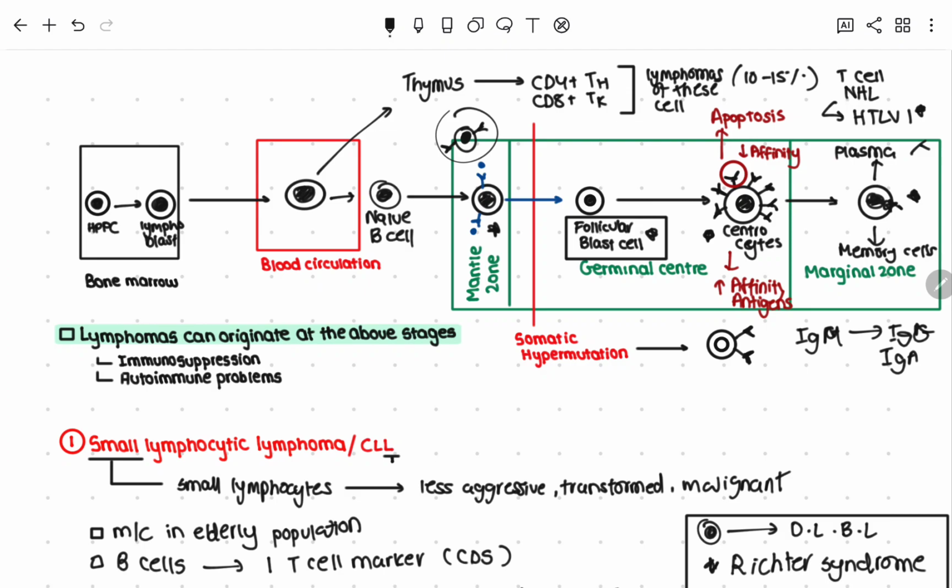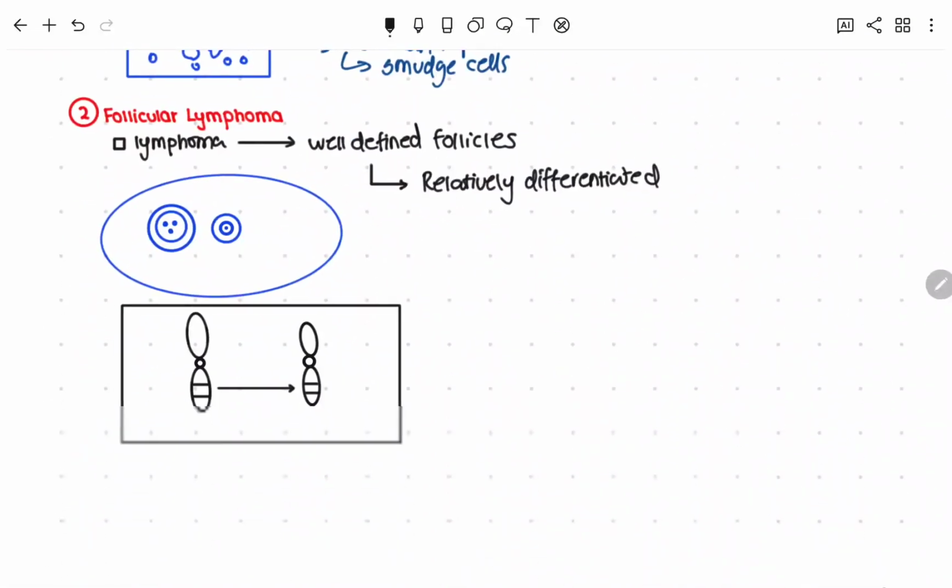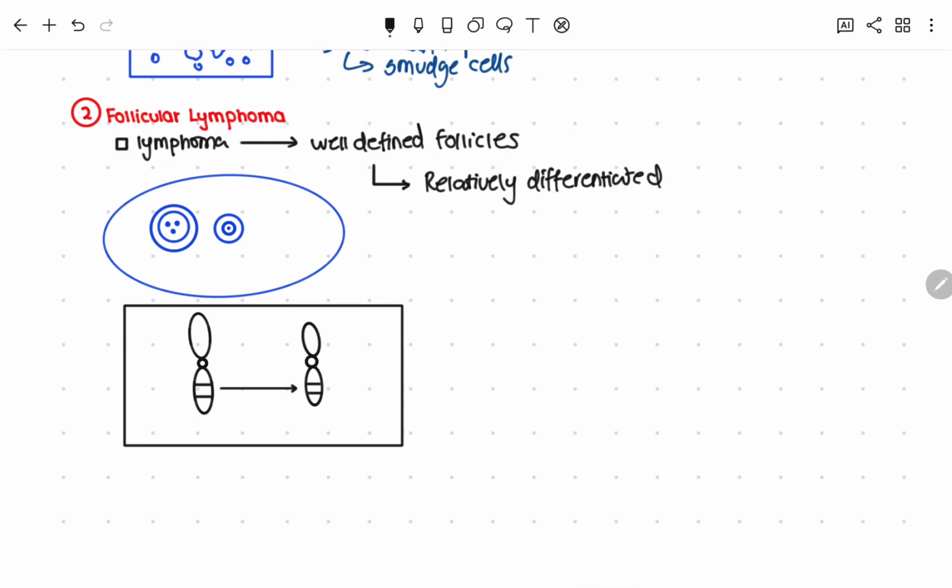And so that's one way to know how well a cell is differentiated with respect to its name. It can be a giveaway if you want to remember it that way. Now, because these are relatively differentiated, they normally present with an indolent course and are seen most commonly in the elderly.